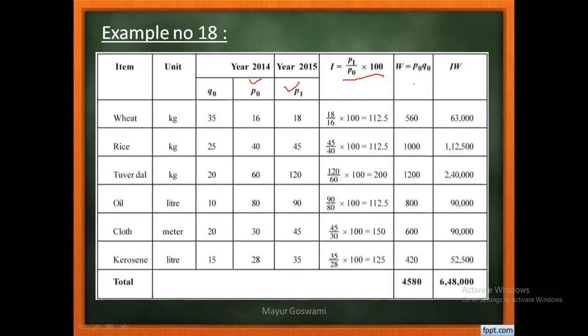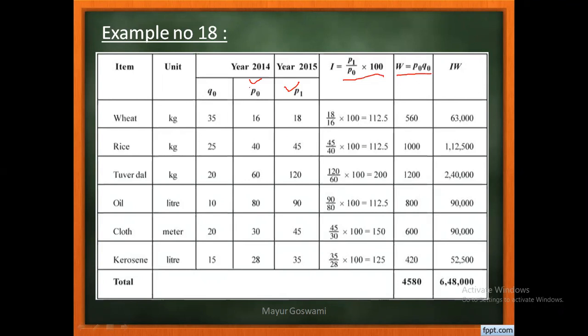Now we have to find W. How can we find it? For that we have the formula P0 into Q0. If you find P0 into Q0, you get W, that is the weight.